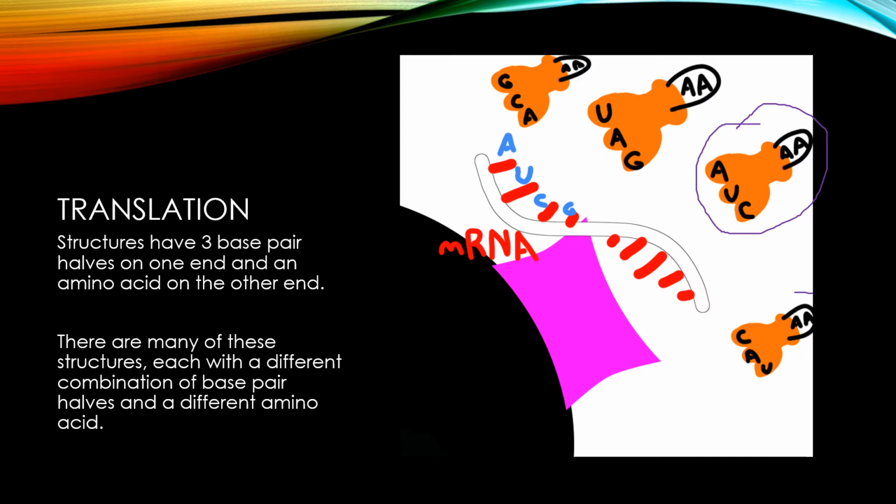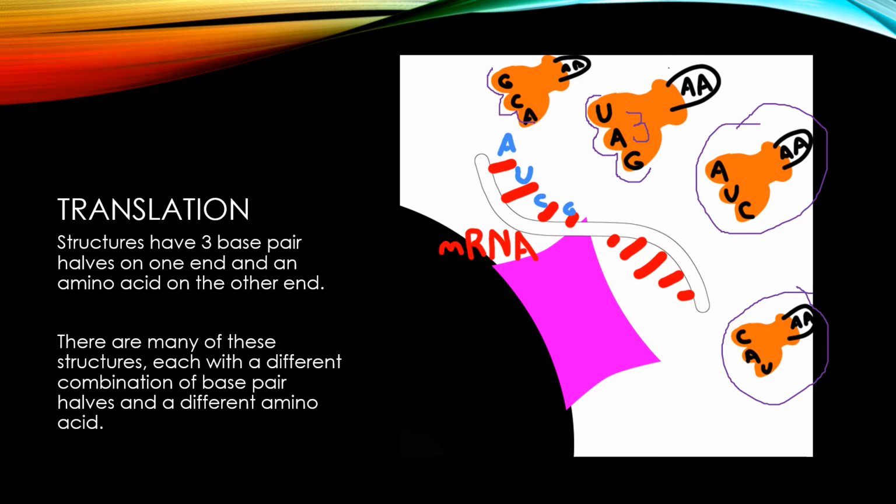There's all these little floaty structures. And each structure, on one end, has complementary base pairs. See the UAG? This one over here has GCA. So on one side of these structures are complementary base pairs in sets of 3. Don't forget that these are sets of 3.